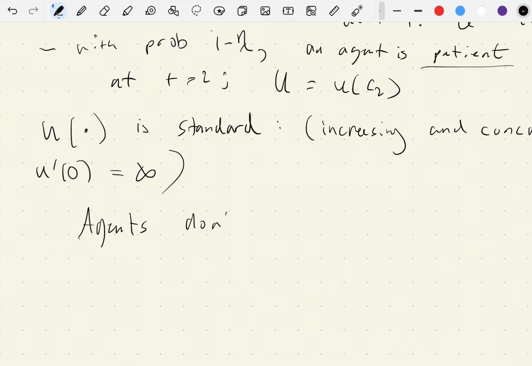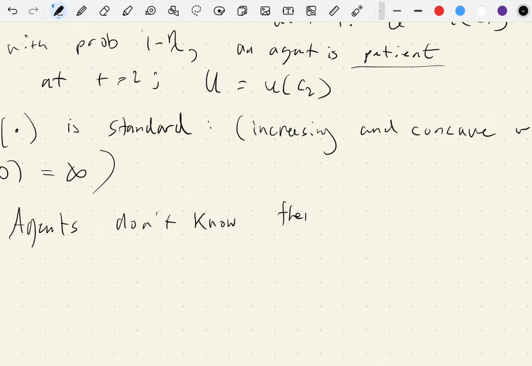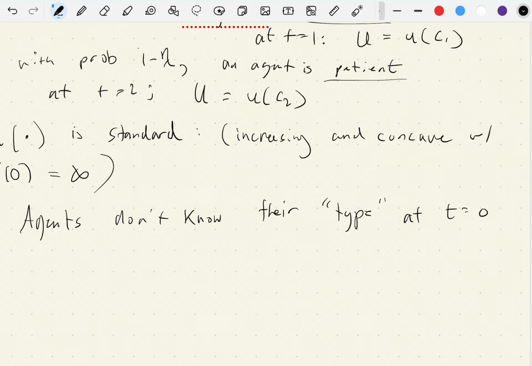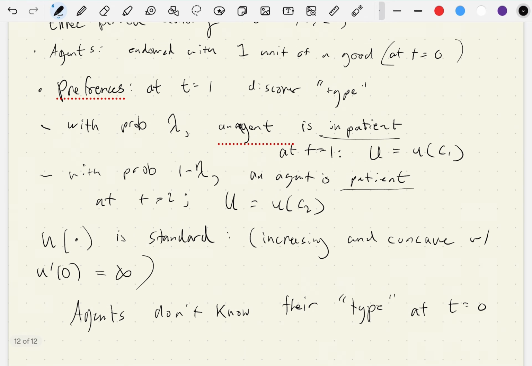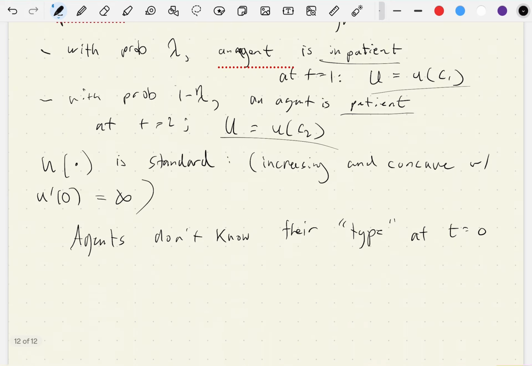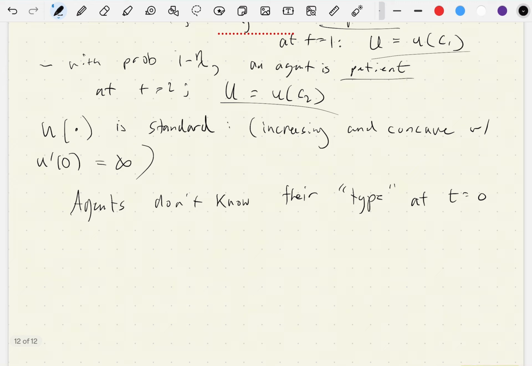And agents also don't know their type, or their preference, at t equals 0. So we've set up a problem where an impatient agent is going to have this utility, and if they're patient, they're going to wait and get the other thing, but they don't actually know their type.